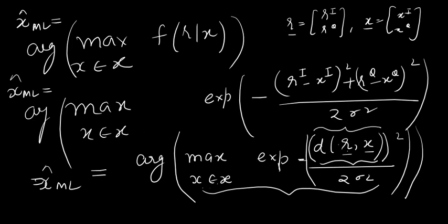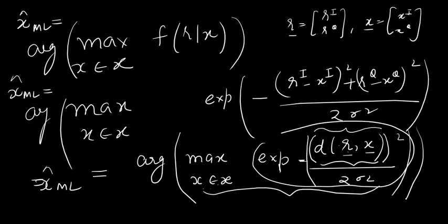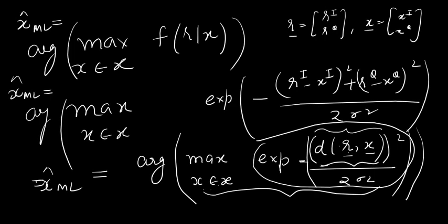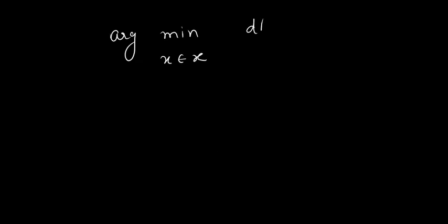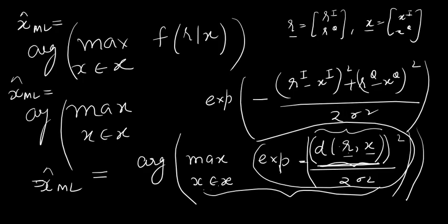If you want to maximize this complete thing, the exponent must be less. So you can write arg min over x in X of d(r, x) whole square, and the square will not make any sense, because if distance is less, then the square will also be less.